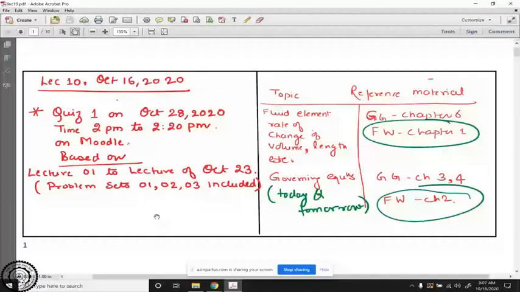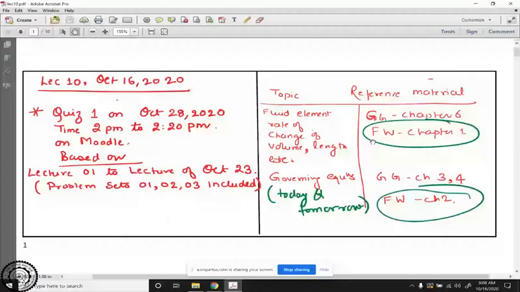Reference material, as I said, every week I'll tell you where to find reference materials. So fluid element, rate of change, volume, length, etc. What we have done so far, you can find references in Gupta and Frank White, both of them.